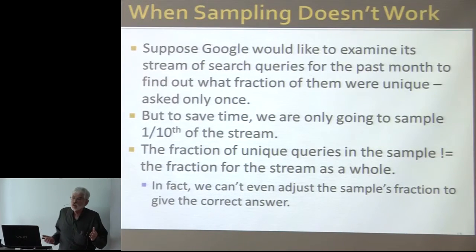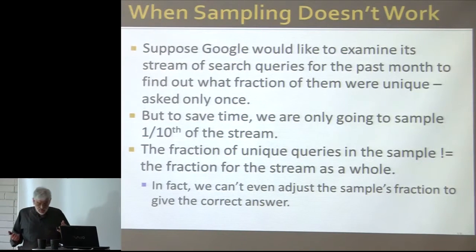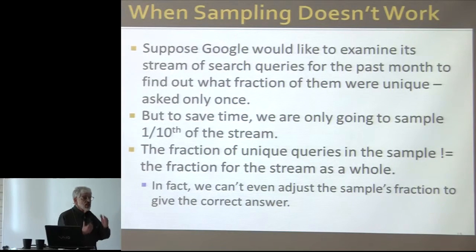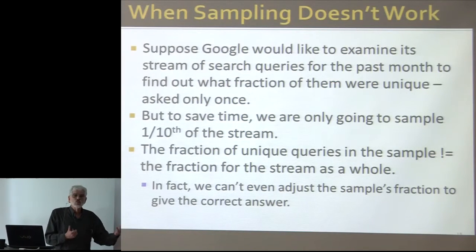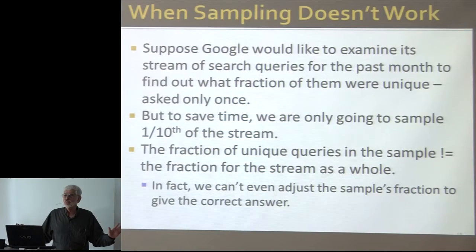So you can't just multiply it by 10. And in fact, it turns out that there's no number you can multiply by to adjust the answer in the sample to give you the true answer, or an approximation to it, in the entire set. This is just a completely wrong way to do things.